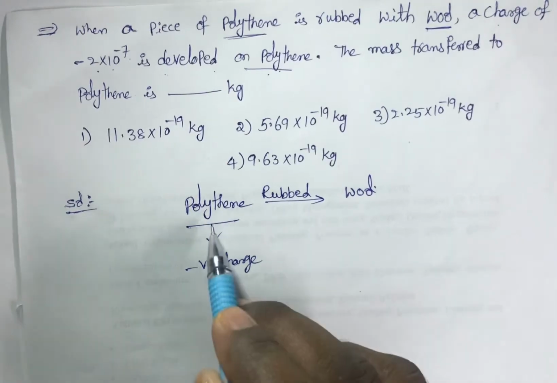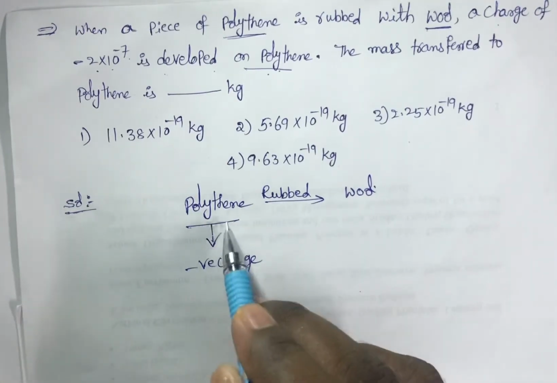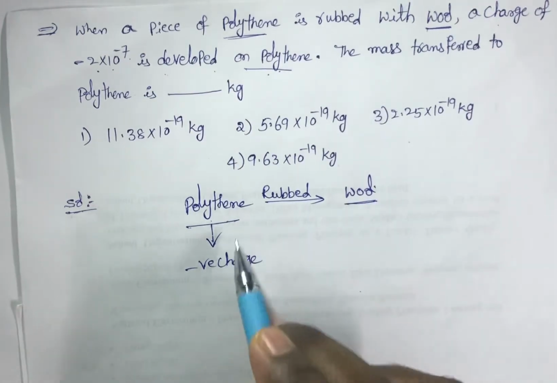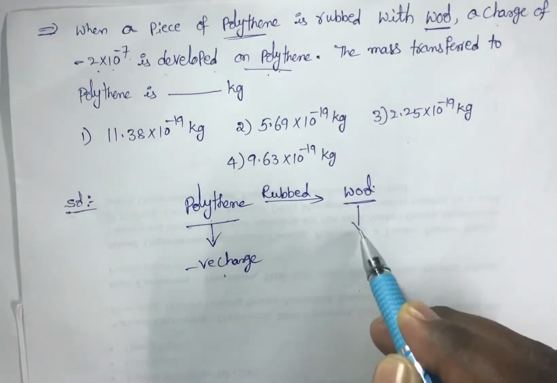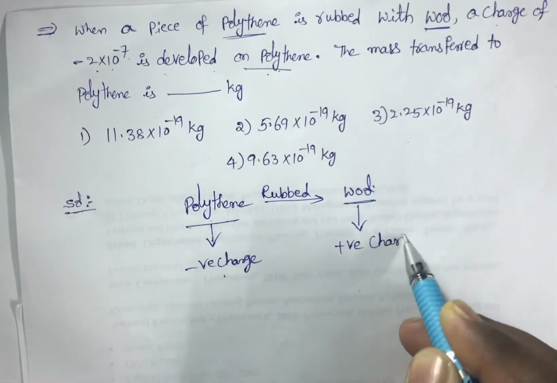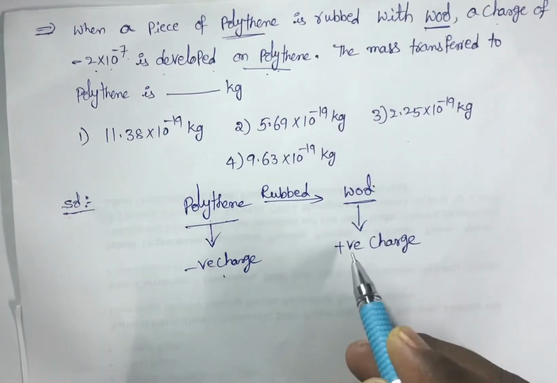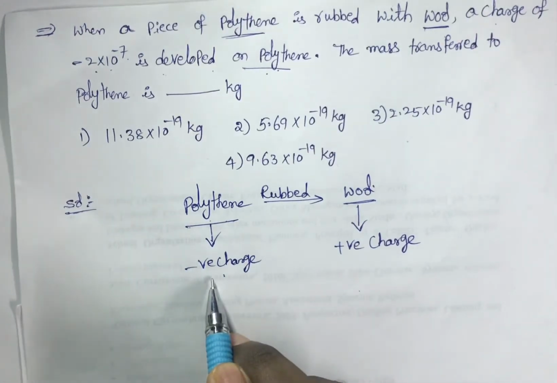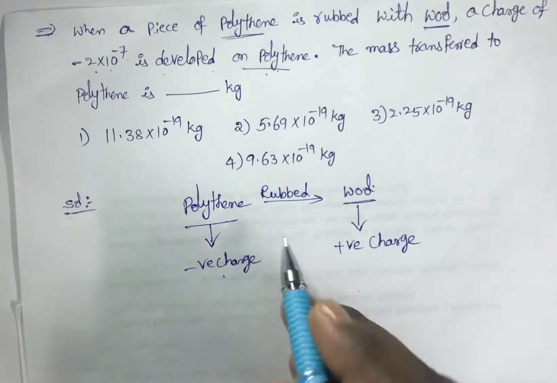According to friction, when two materials are rubbed, here polythene is rubbed with wool. Polythene is gaining the negative charge, so automatically wool is gaining the other charge, that is a positive charge. Electric charges are only of two types: positive charge and negative charge. This is the one point due to friction.